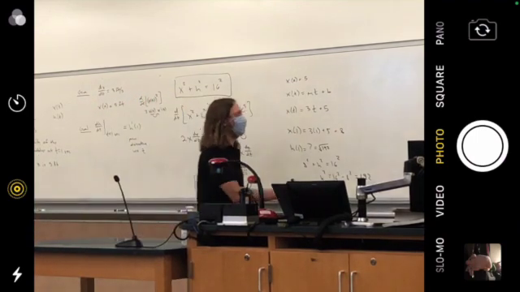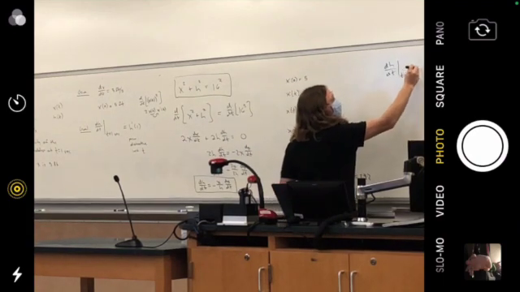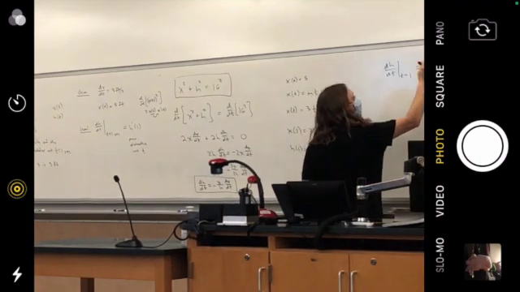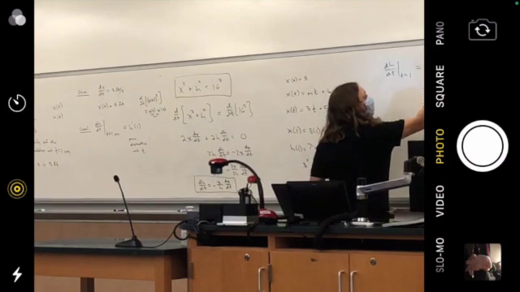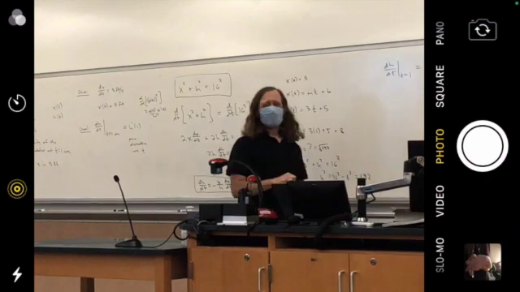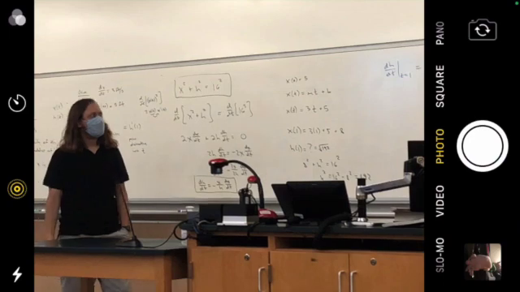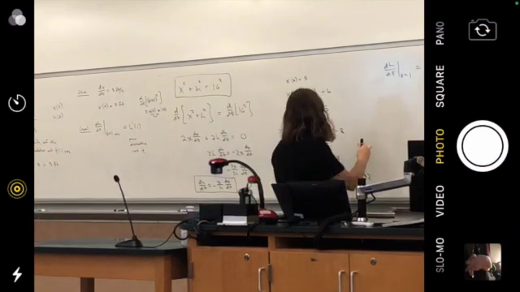My goal was dh dt, when t is equal to 1. That must be negative x of 1 divided by h of 1 times dx dt. So I get what?